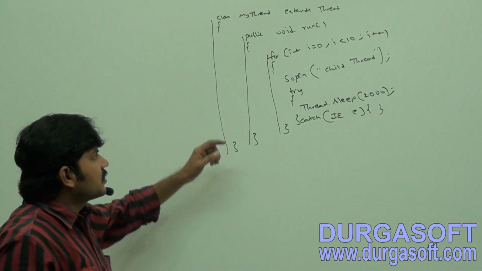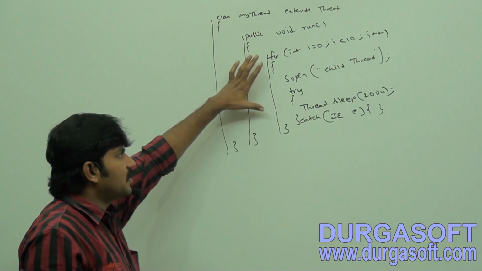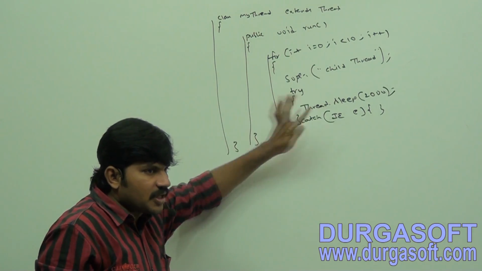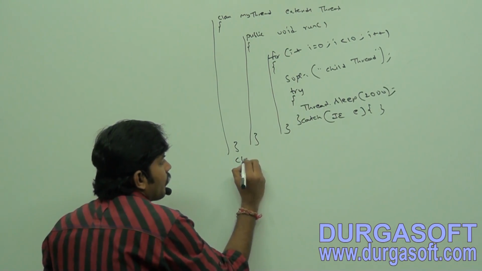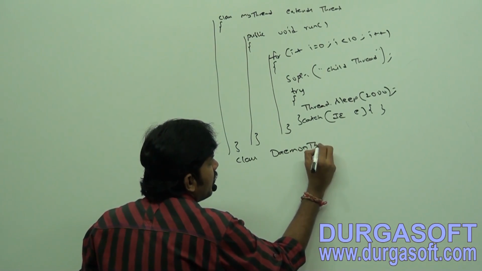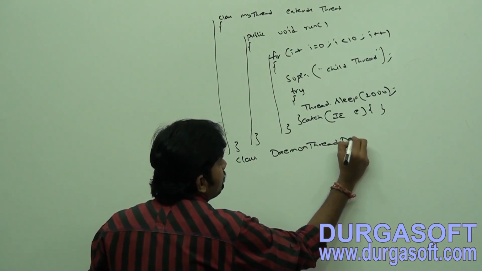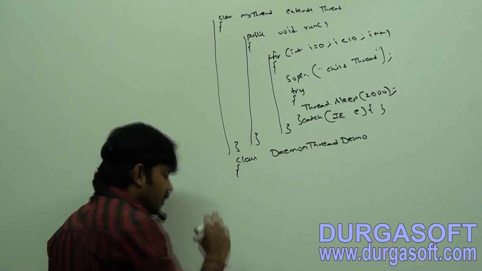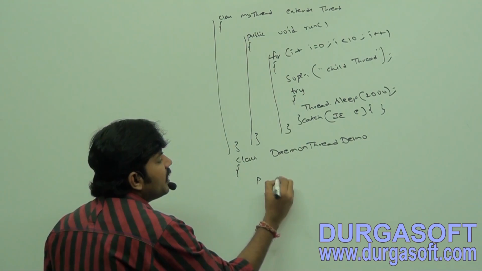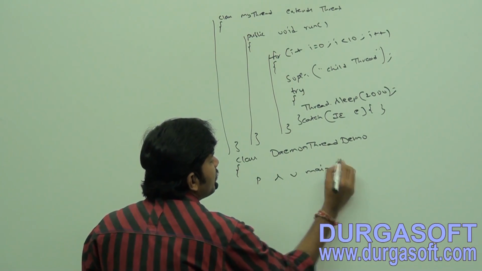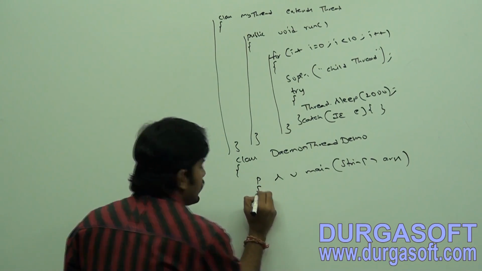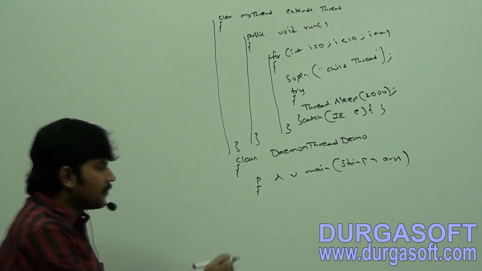Can you tell what is the job of this thread? It prints child thread 10 times, sleeping in between. Now class DaemonThreadDemo with public static void main(String[] args).